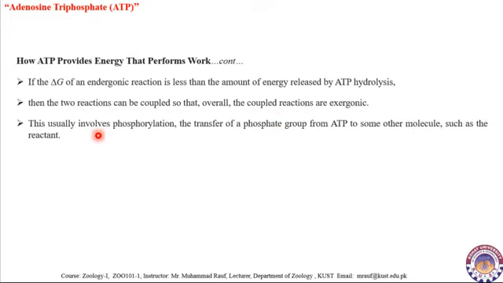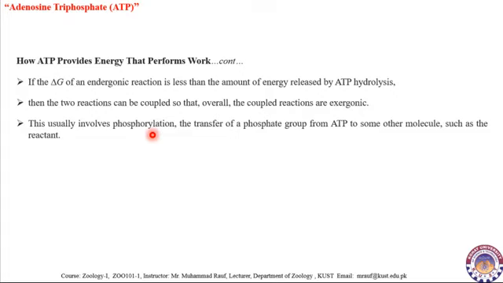This usually involves phosphorylation. So this is how the proteins present in a cell utilize the energy liberated by the breakage of the ATP molecule for their benefit. The process of phosphorylation is involved. Suppose there is an endergonic reaction going on, and this endergonic reaction needs the excitation of the reactant molecules.